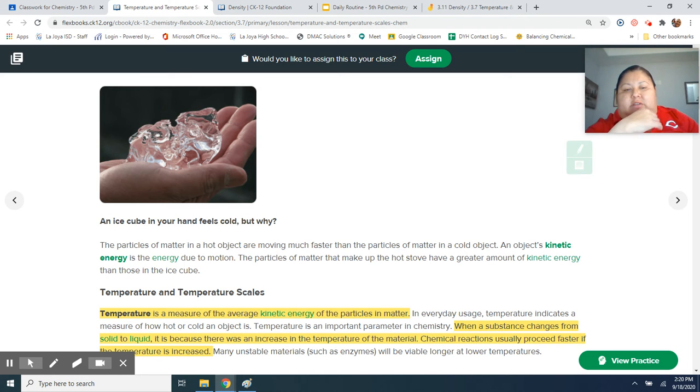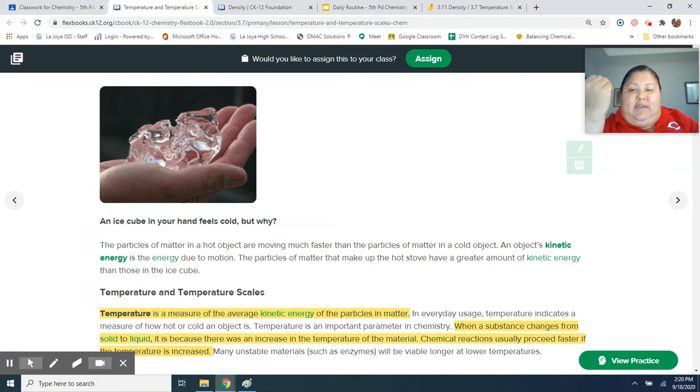It's about 96 point something. So you'll recall if you have an ice cube in your hand, the temperature of that ice is really, really low in comparison to the heat in your body. Okay, so that's how come you'll feel it cold.